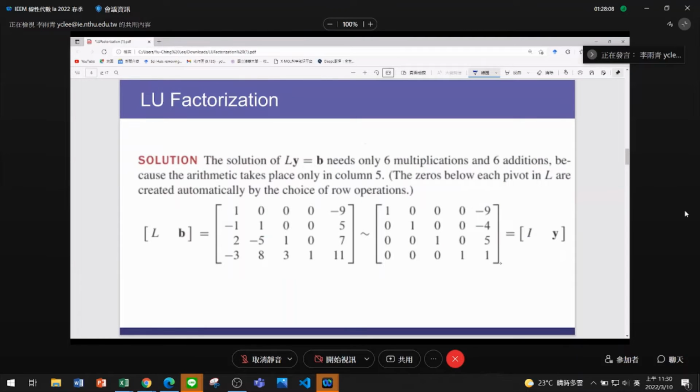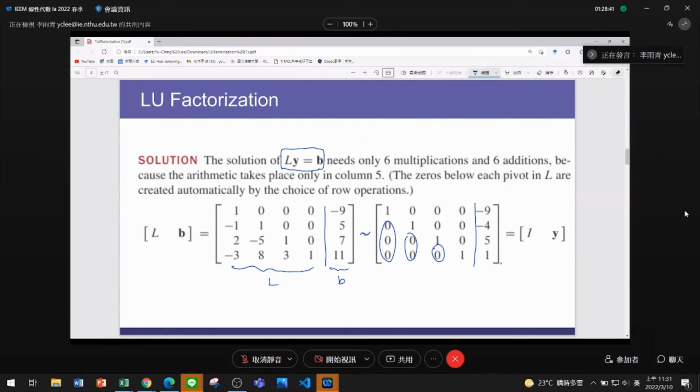To do so, we form the augmented matrix by putting the b vector on the right-hand side of the matrix L. Then we do Gaussian elimination to find the row equivalent matrix, where all the values here are 0.